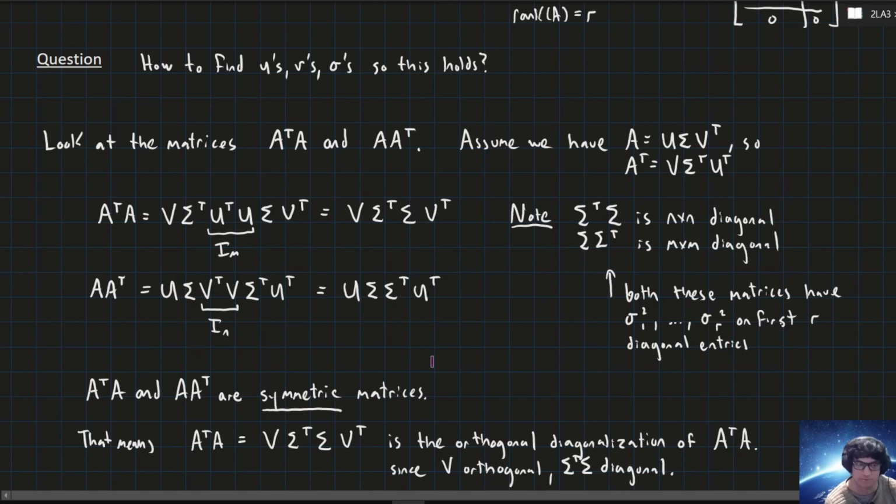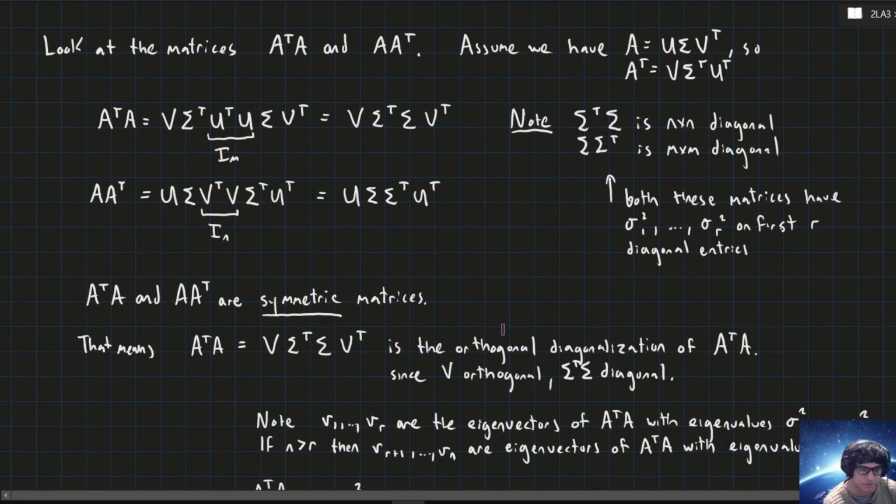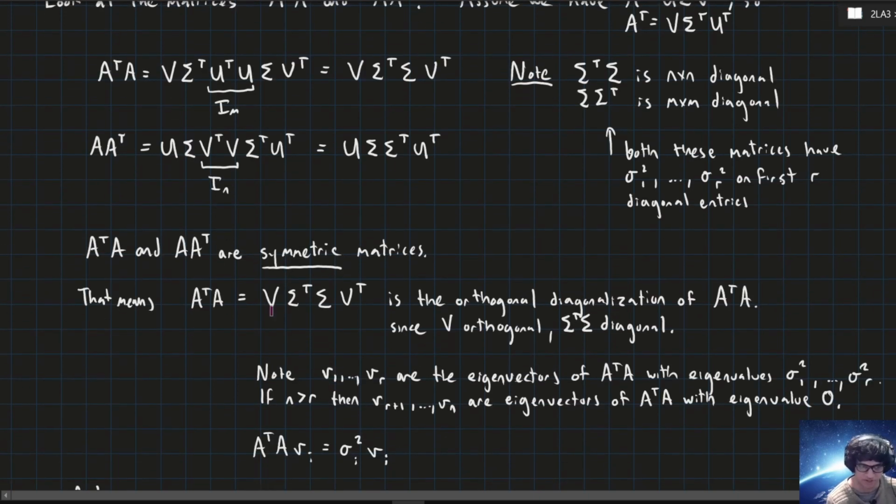Remember, they're symmetric matrices, so they can be orthogonally diagonalized. Any factorization of the form orthogonal, diagonal, and then orthogonal transpose must be an orthogonal diagonalization of those matrices. So we found an orthogonal diagonalization of those matrices. What does that tell us about the V's and the sigmas?